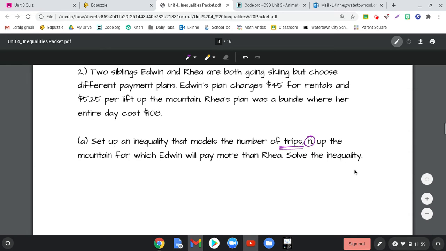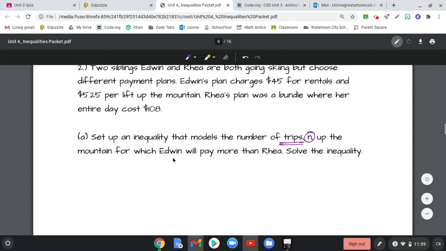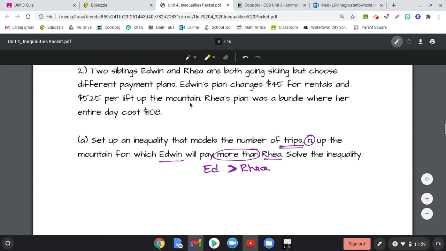Solve the inequality. All right, so let's figure out what the inequality looks like. Right here is important. Edwin will pay more than Rhea. So Edwin more than Rhea. Another way to say more than is greater than Rhea. All right, so let's go back up and see what Edwin paid. Remember, trips up the mountain, wherever you see that is n.